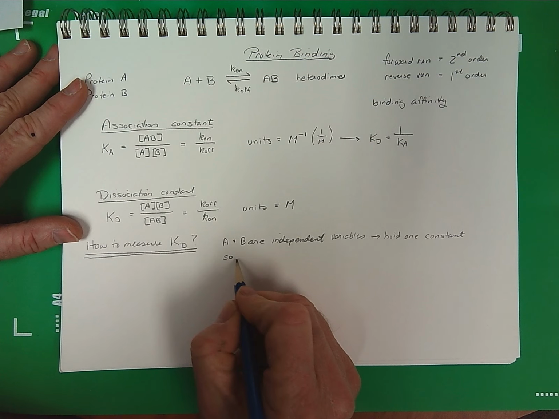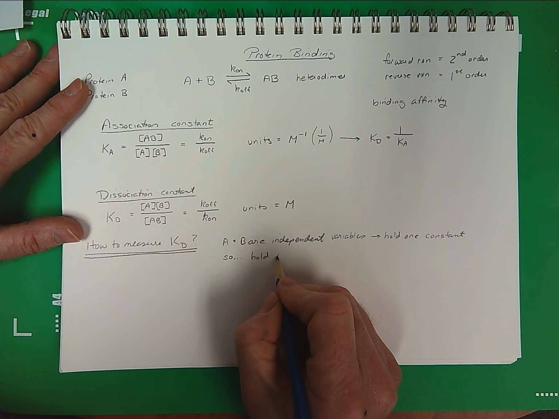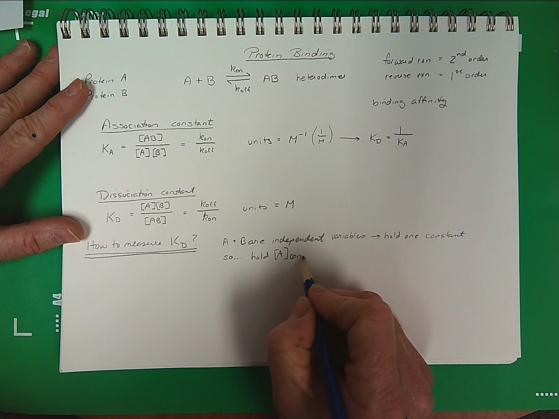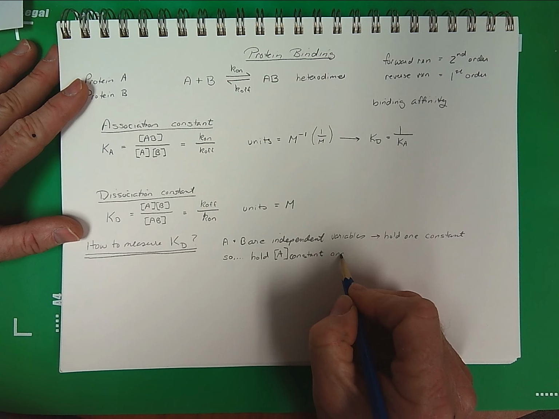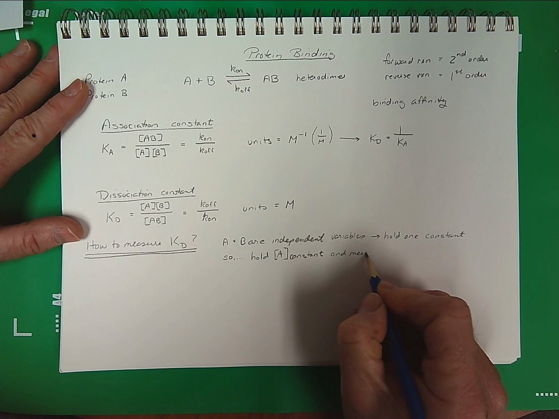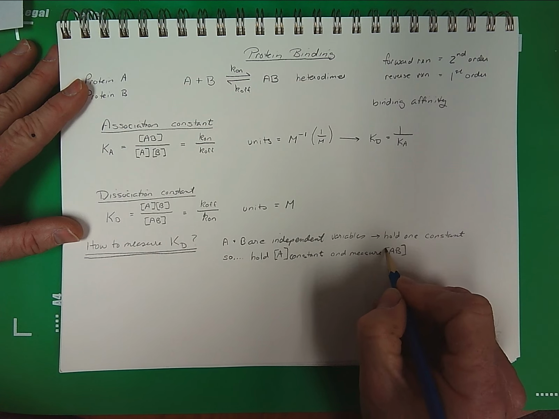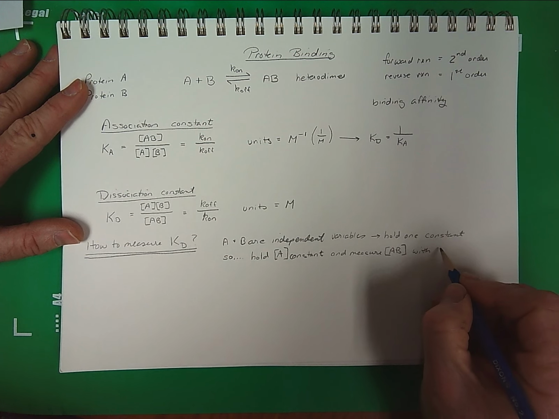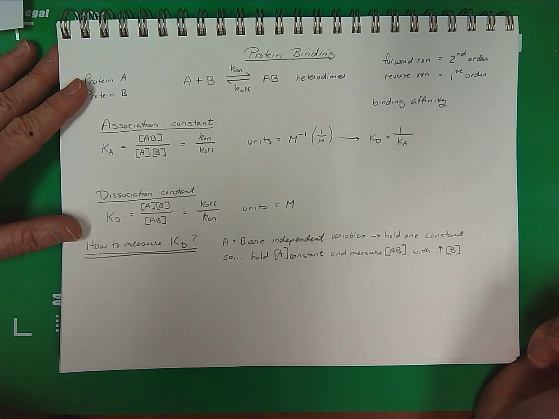So in our example, let's propose to hold the concentration of protein A constant and in our experiment we are going to measure the concentration of the formation of AB complex with increasing concentrations of reactant protein B. Also could be a ligand.